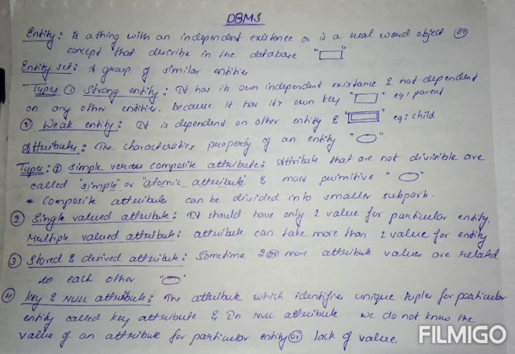So they cannot be changed and they cannot be duplicated or redundant. Then next, null attribute means the entity which does not have any value, then it is called a null attribute. We do not know the value of an attribute for a particular entity or there is a lack of a value, that is called a null attribute.